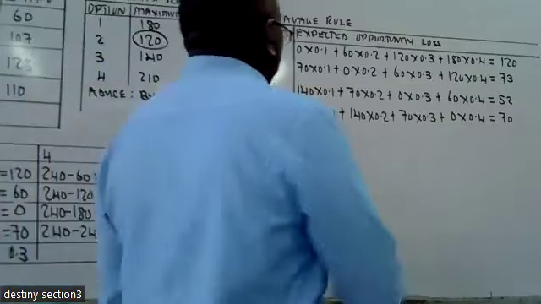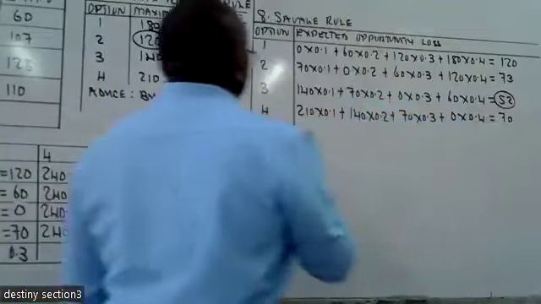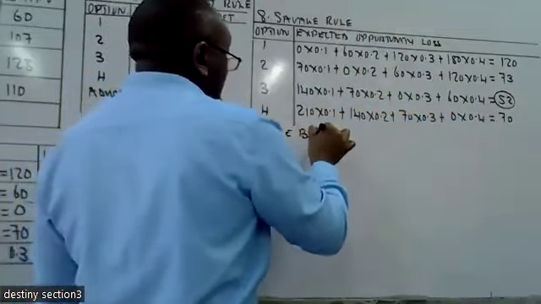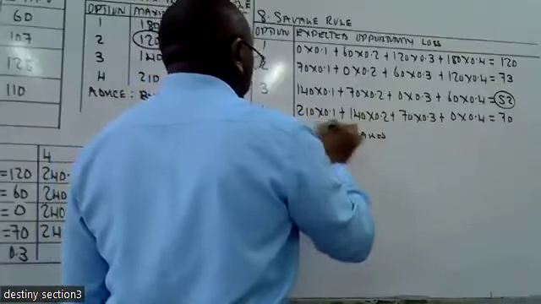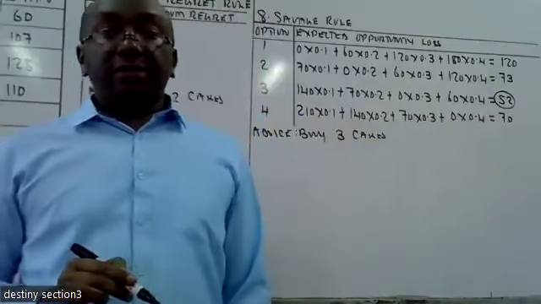So this one, the advice, you select the smallest, that is this one. So the advice is that they should buy 3 cakes.